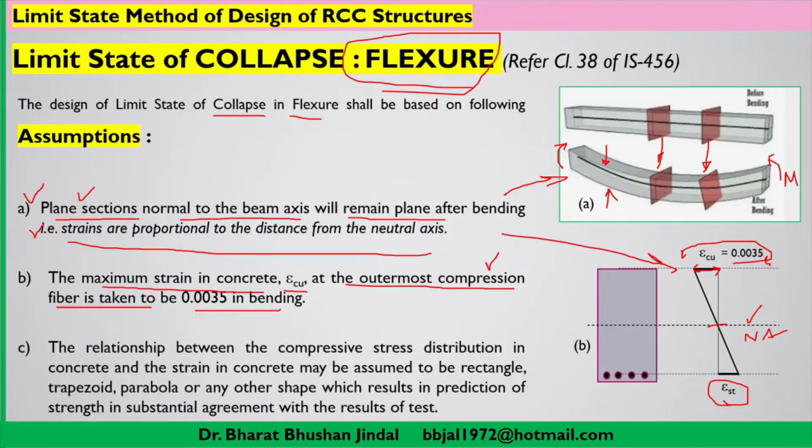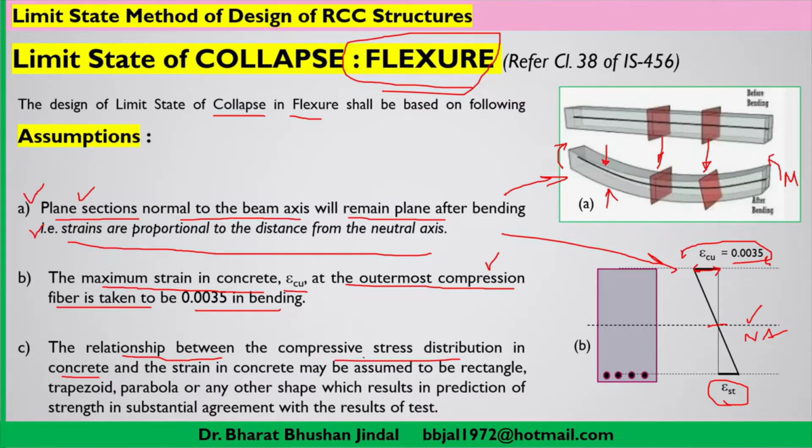Now the third assumption is the relationship between the compressive stress distribution in concrete. So you are aware that in RCC we are assuming that concrete will be taking care of all the compressive stresses and steel will be taking care of all the tensile stresses. So what is the third assumption?